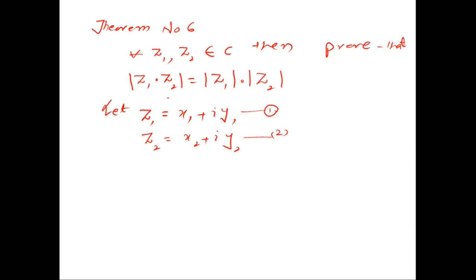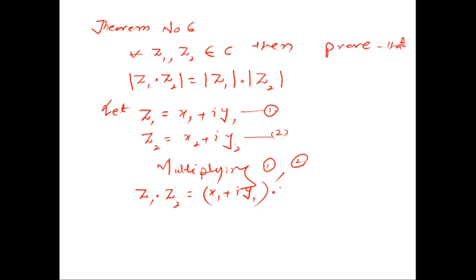Guys, what we have to do? You can see on your left hand side, z1 and z2 are multiplying. So multiplying equations 1 and 2, z1 multiply z2 equals x1 plus iota y1 multiply x2 plus iota y2.